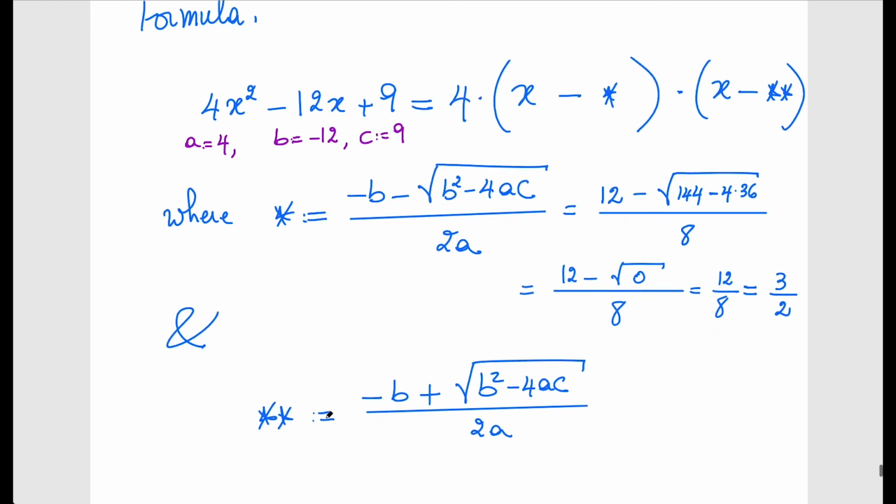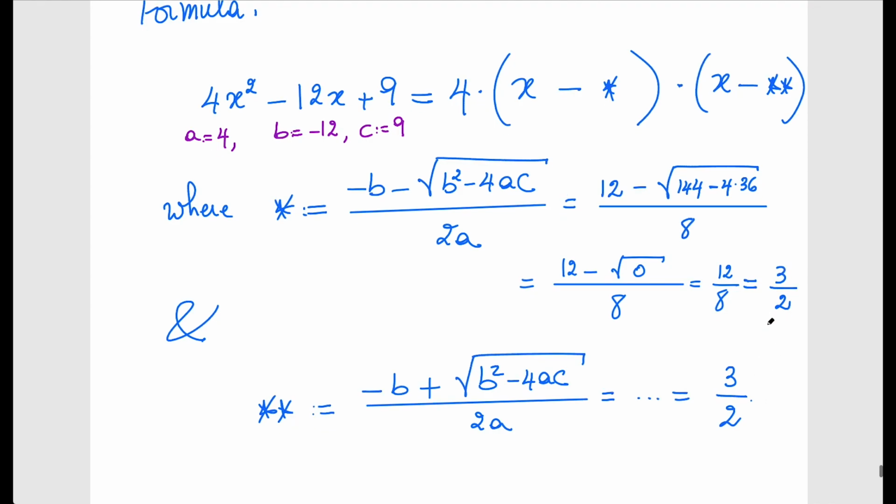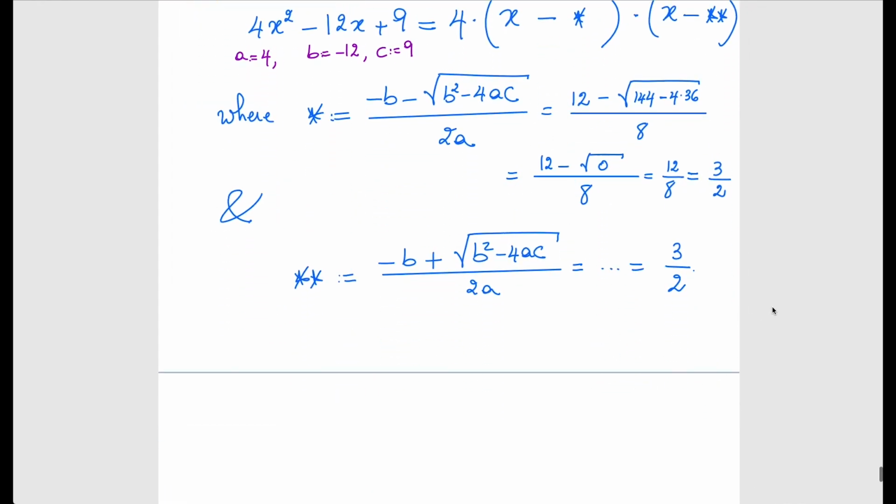The double asterisk is actually the same, because the only difference is the minus versus the plus, but the square root has vanished, so it's 0. So this is also 3 over 2. Instead of asterisk and double asterisk, it's the same value in this case, both 3 over 2.